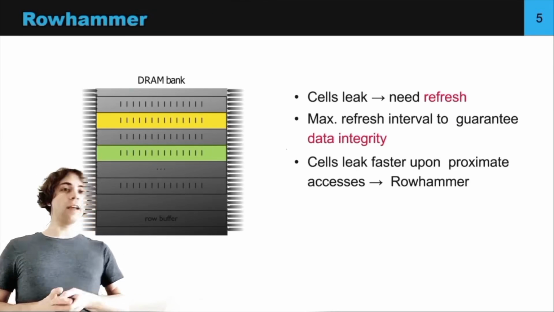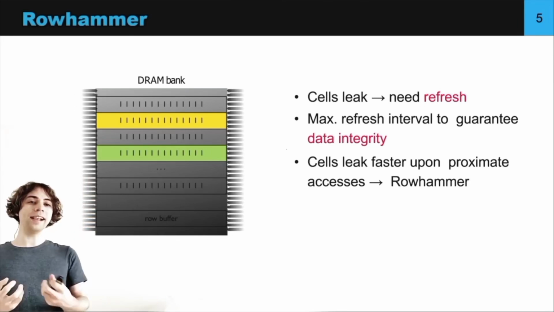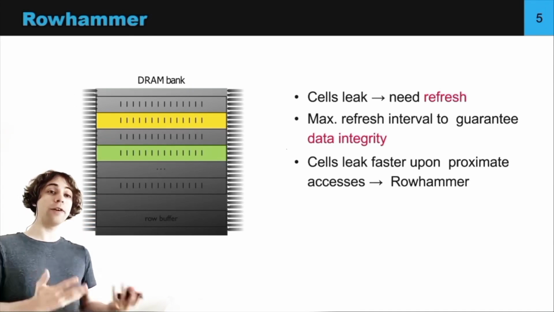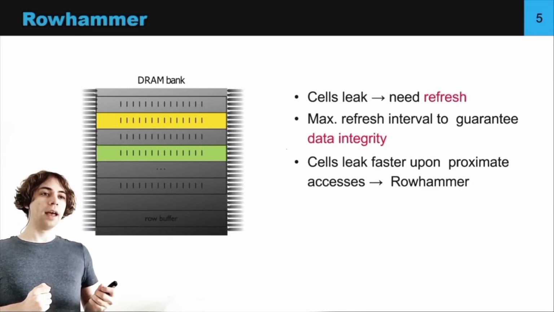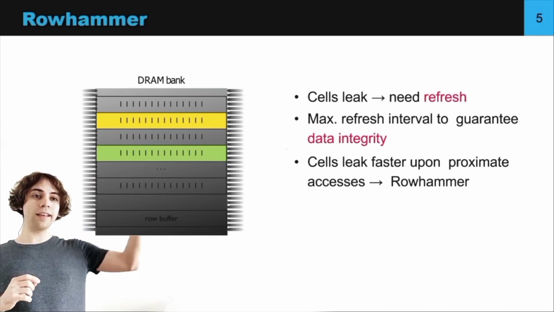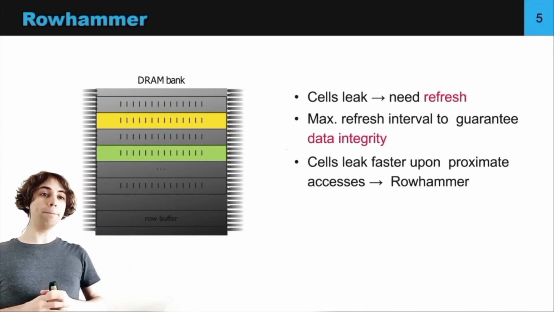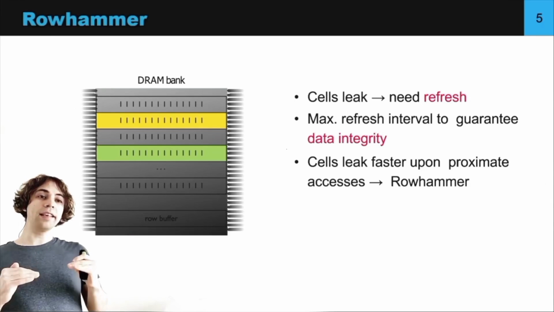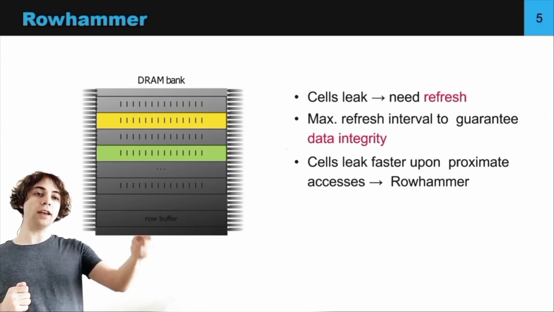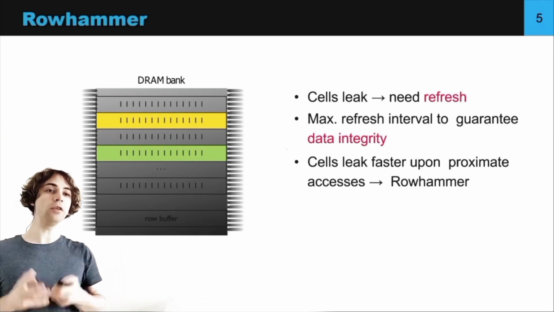Okay, and the next step, how does Rowhammer work? Well, these cells are capacitors. They leak over time, so they need to be refreshed regularly. And what you can do here is access certain rows in this DRAM bank, and by accessing a row, you will discharge not only the cells that you are reading and copying into the row buffer, but also close by cells that are in proximity to these cells.